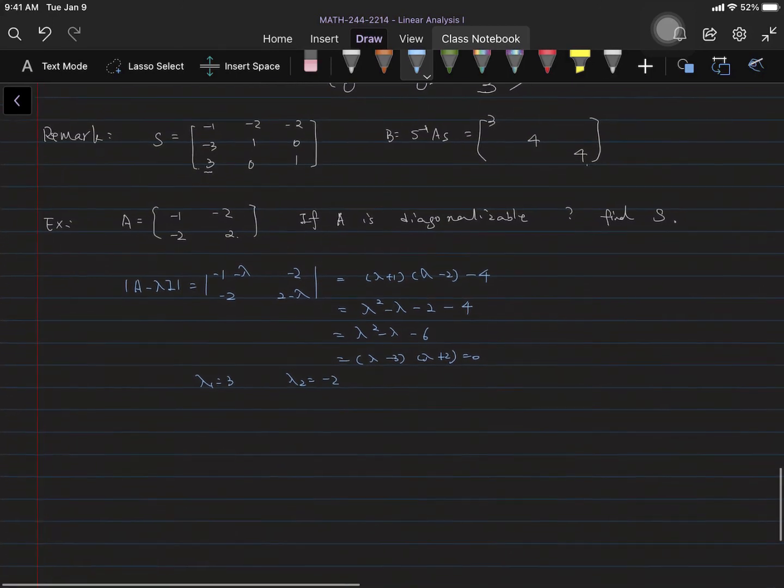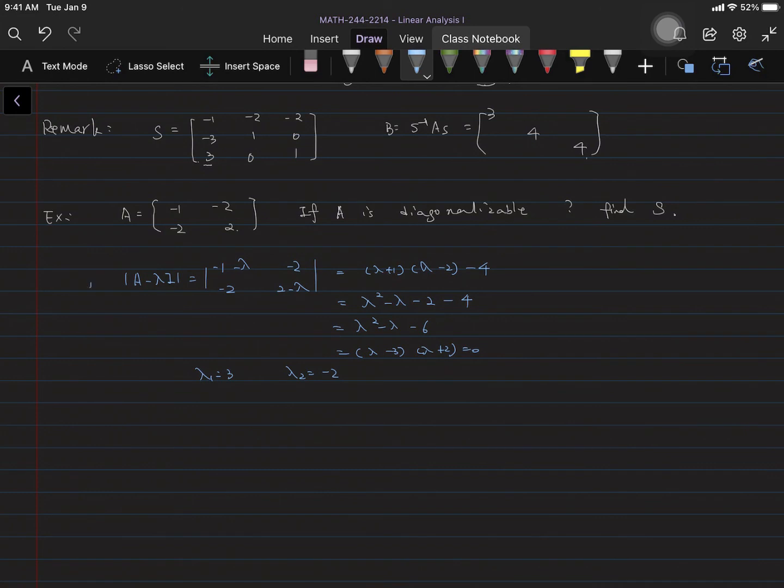Next I want to find the eigenvectors. For lambda equals 3, A minus lambda I. So it should be -1 minus 3, so -4, -2, and then 2 minus 3 should be -1. Simplify. Divide row 1 by 4, and row 1 and row 2 are proportional, so row 2 is going to be 0, and row 1 should be 1 and 1/2, right?